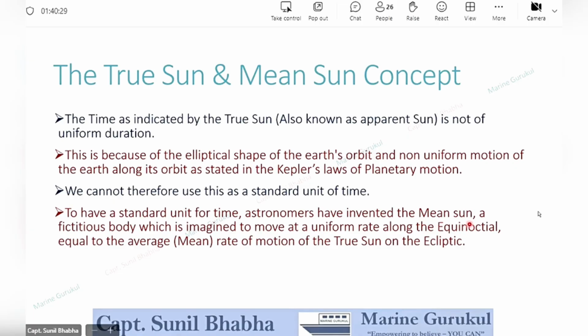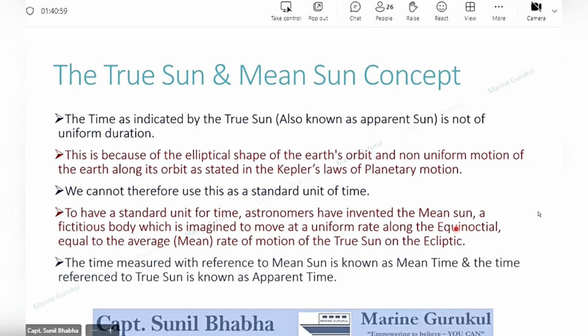So using this body, the mean sun, we took care of both the problems which the true sun had. One, the motion was non-uniform, so the mean sun is assumed to move at an average speed, or the mean speed of the sun. And secondly, the true sun was moving on the ecliptic, inclined at an angle of approximately 23.5 degrees to the equinoctial, whereas the mean sun we assumed moves on the equinoctial.